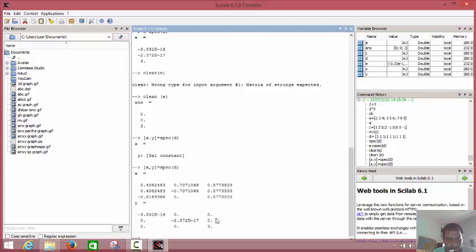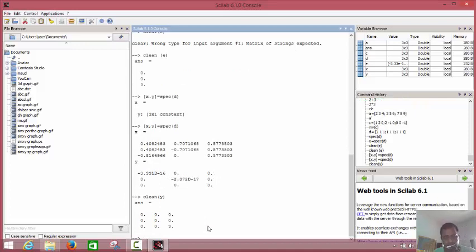What we see is that these are the eigenvectors x1, x2 and x3, and the eigenvalues are the diagonal elements in the diagonal matrix. We clean y, then this will look like 0 0 3.